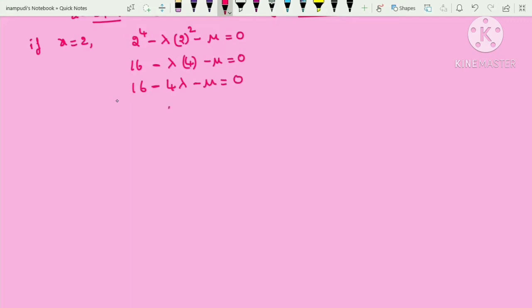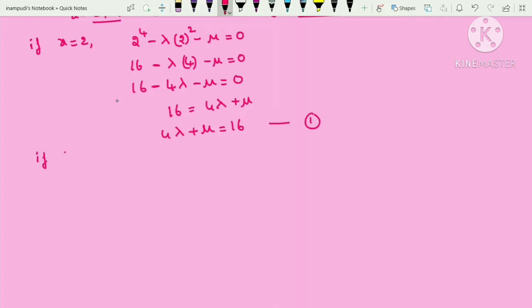So 16 = 4λ + μ, that is 4λ + μ = 16. This is the first equation.